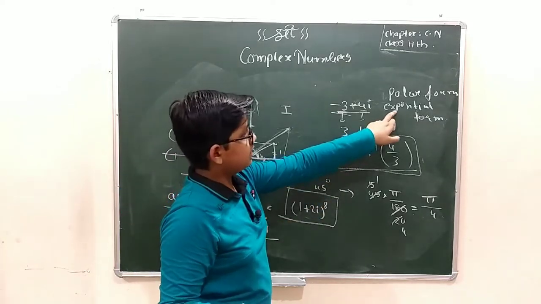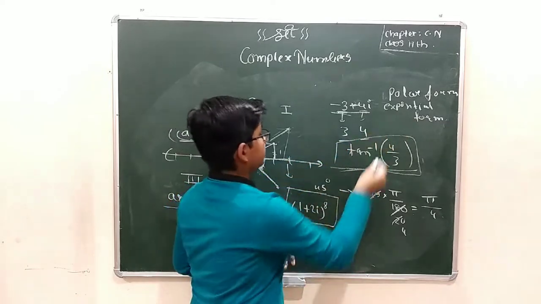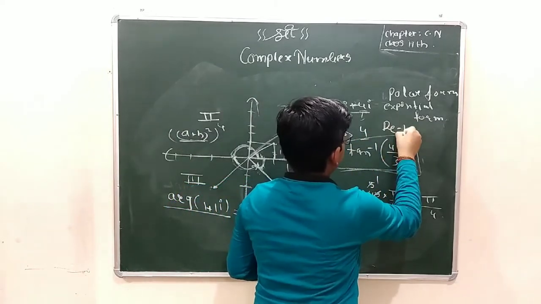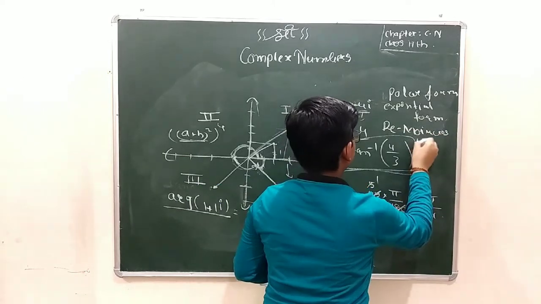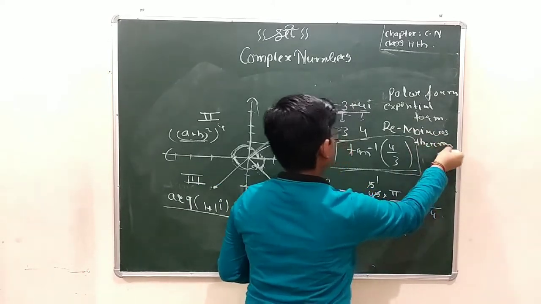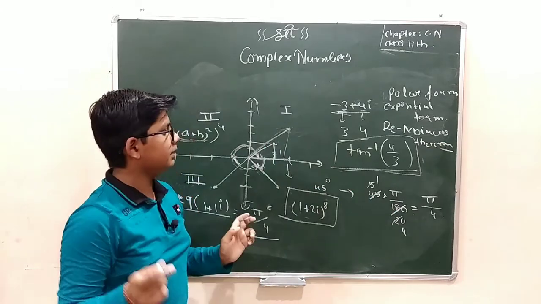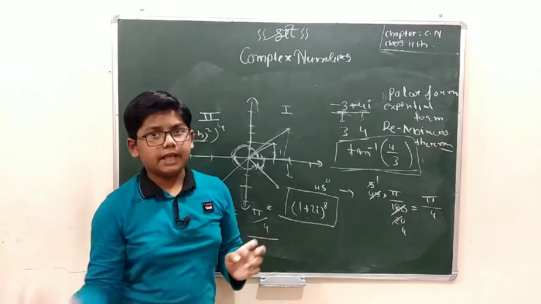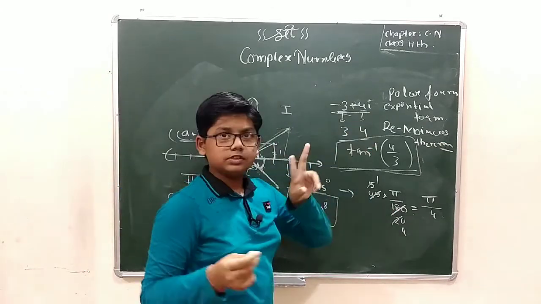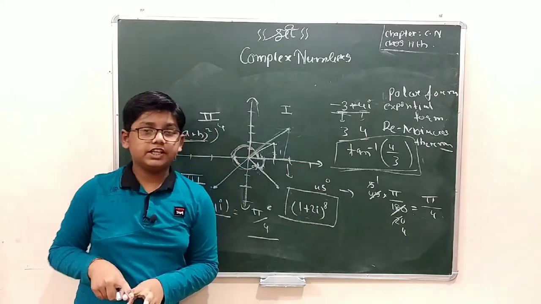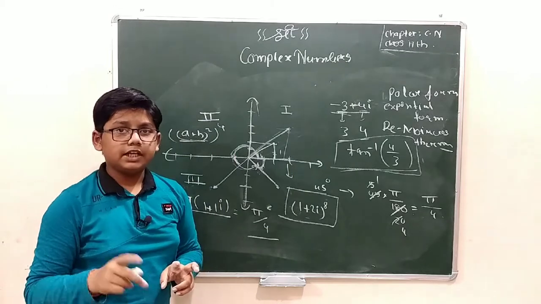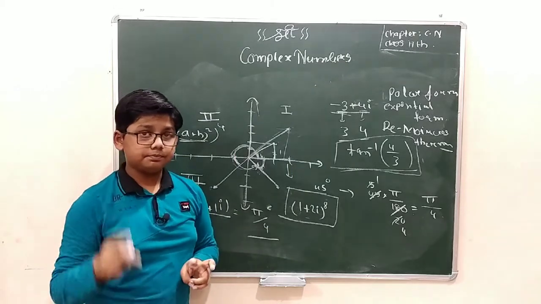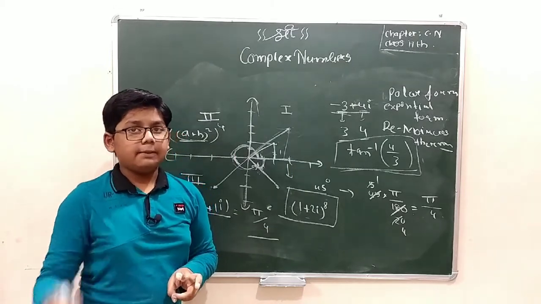Next is de Moivre's theorem. De Moivre's theorem can be proved easily using two methods. First is the method of induction, from the fourth chapter, which is based on mathematical induction and the binomial theorem.